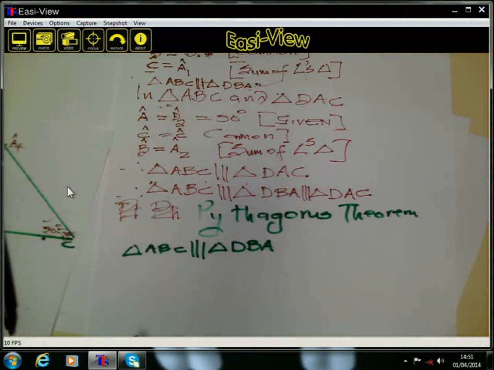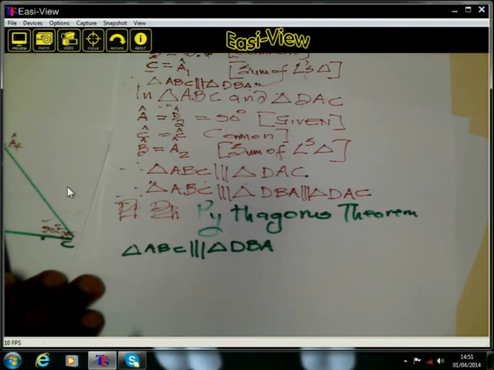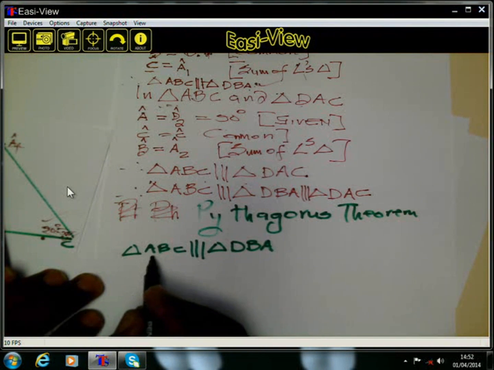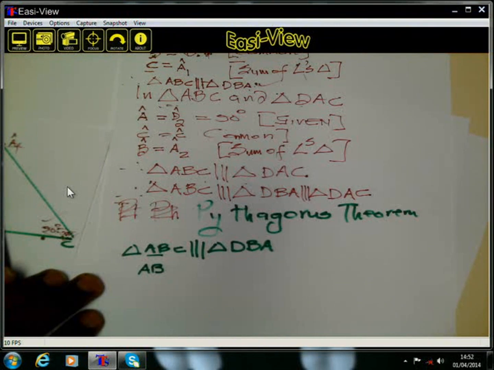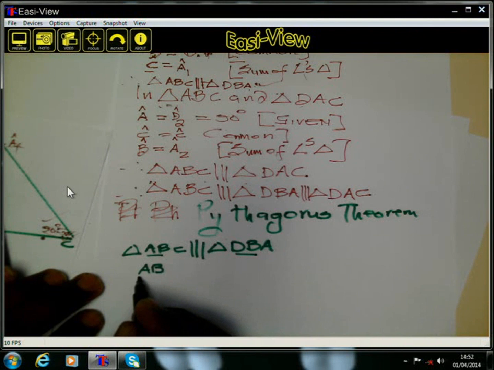From that, we can come up with this: if I look at side AB over side DB.